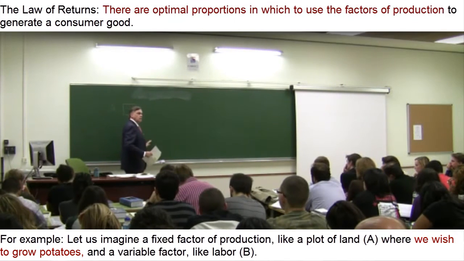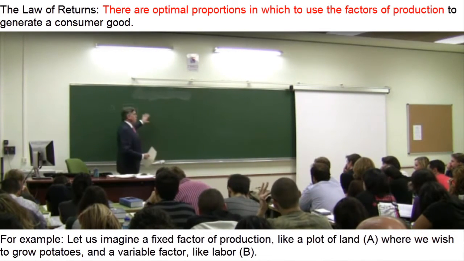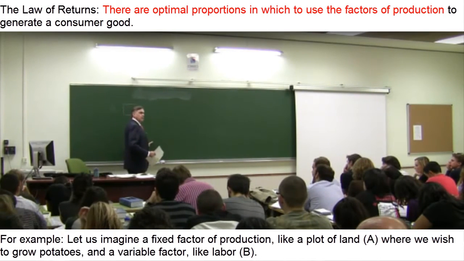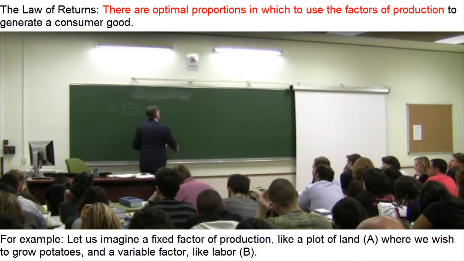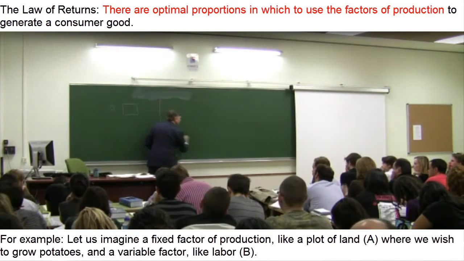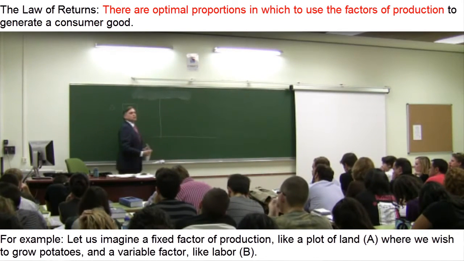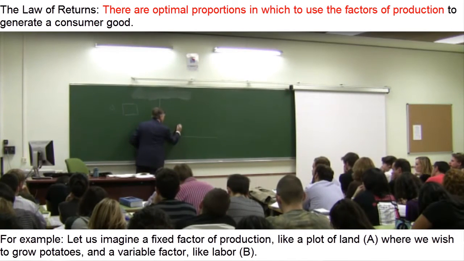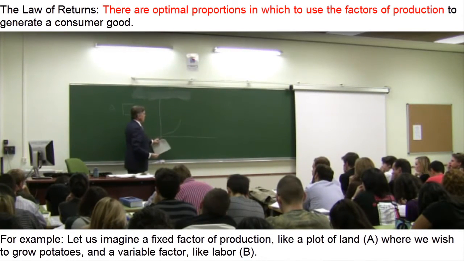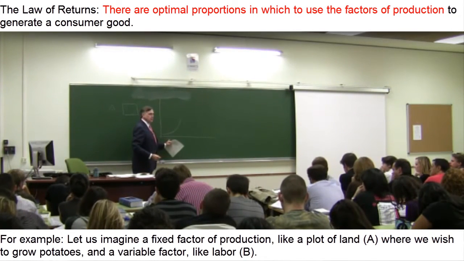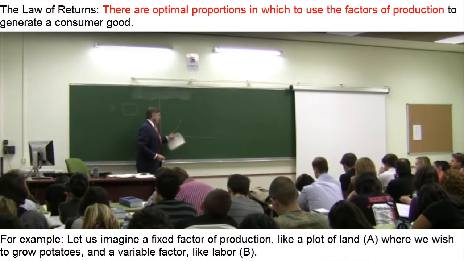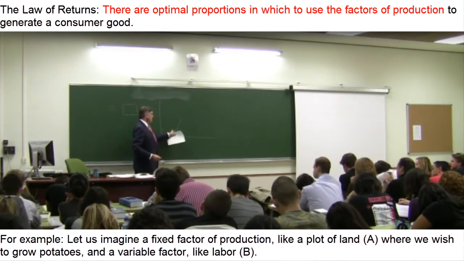Well, what the law tells us is that if we have a fixed factor of production, and we gradually increase the number of units of the variable factor, if we have a fixed factor of production, the plot of land, and we increase the number of workers who farm it, the law tells us that as we increase the number of units of the variable factor, the number of workers, our output of final consumer goods, potatoes, initially rises more than proportionally.